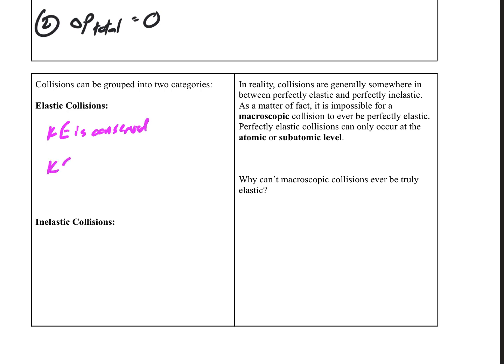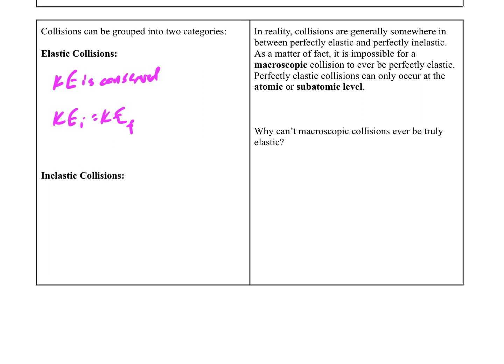Because the initial kinetic energy is going to equal the final kinetic energy. The other way to think about it is in inelastic collisions. Under conservation, things bounce off of each other, right? They don't stick.